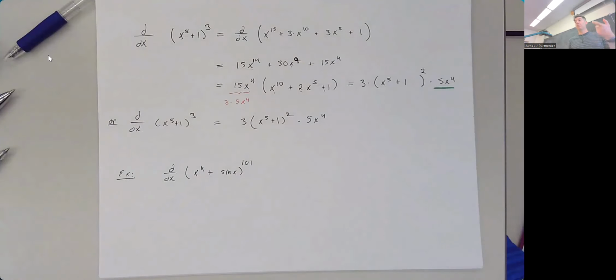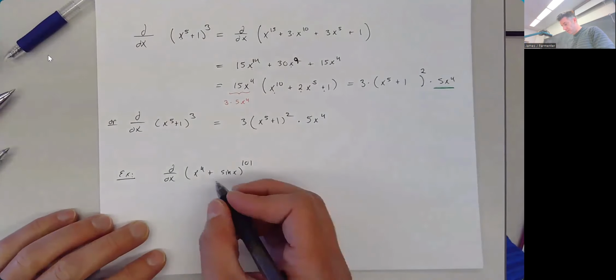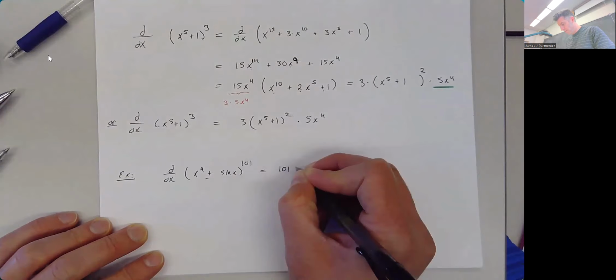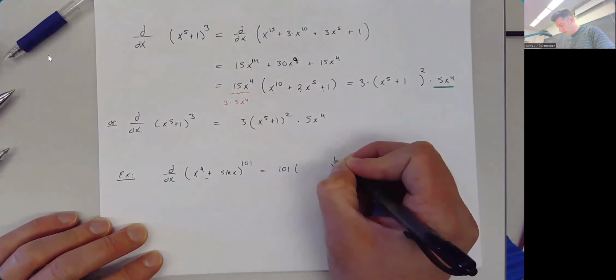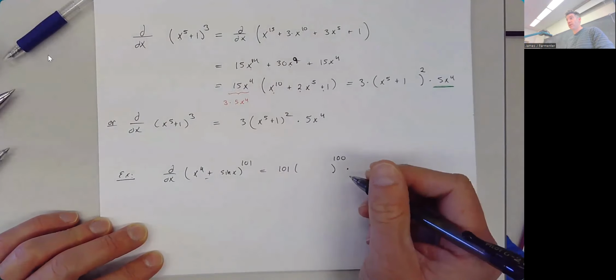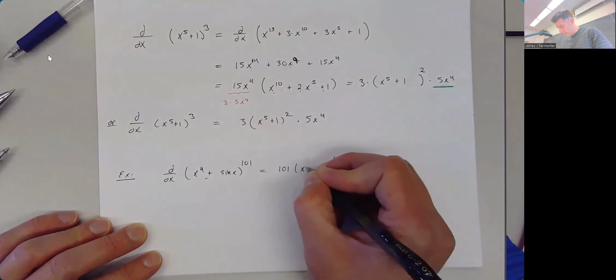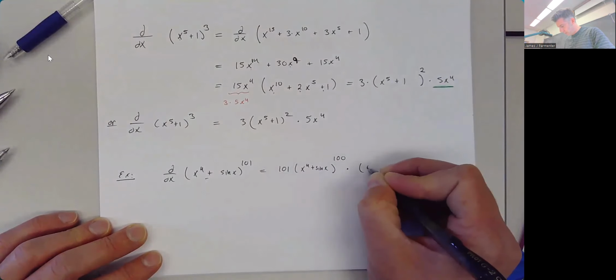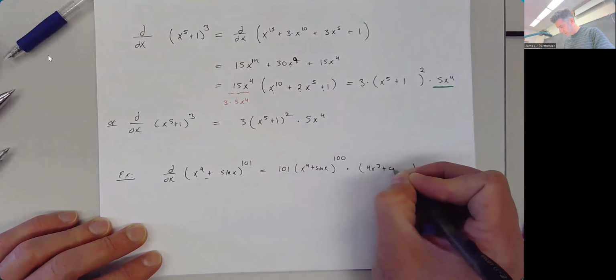And in a similar way, the derivative of some stuff to the 101st power is going to be 101 times our stuff to the 100th power. Then I have to multiply by the derivative of the stuff. So the stuff is x to the 4th plus sine of x. The derivative of the stuff is 4x cubed plus cosine of x.